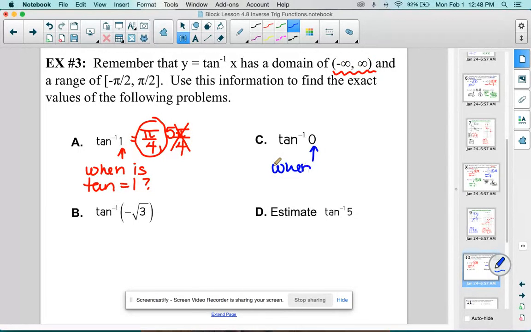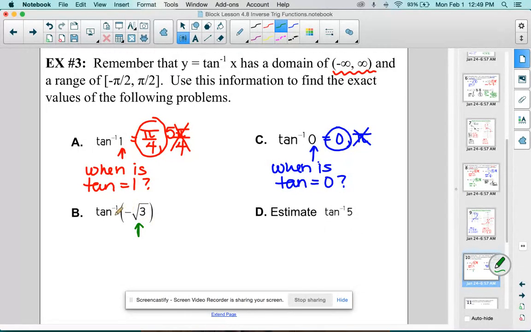So then question 2 is, when is tangent equal to 0? Tangent is equal to 0 at 0 and pi. Which of those is in the acceptable range interval? Only 0. Pi is much bigger than pi by 2, so that would not be an answer.